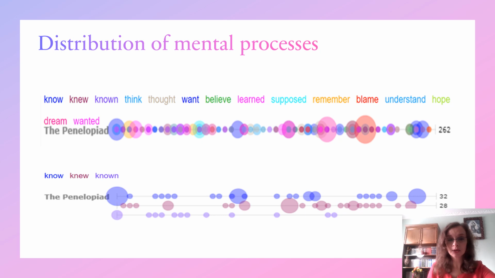For example, here you can see the distribution of mental processes throughout the narrative. They're distributed more or less evenly. Some prevail at the beginning of the novel, some at the end, and some occur in the middle. It's worth mentioning that attention is paid not to lemmas, but to individual verb forms.